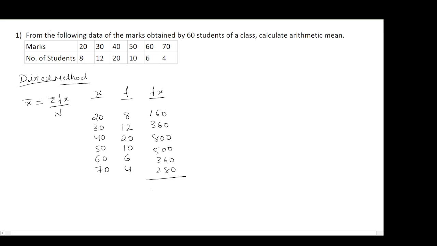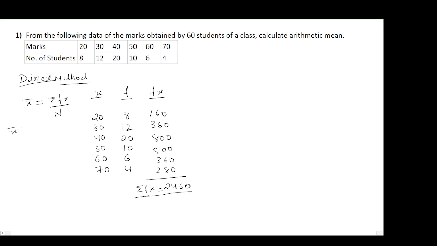What we have done, we have multiplied x values with f values. Now take the total, because in the formula we have summation f into x. So add these fx values, we will get summation fx. That is 160 plus 360 plus 800 plus 500 plus 360 plus 280. So the total is 2460. This is my summation fx value.